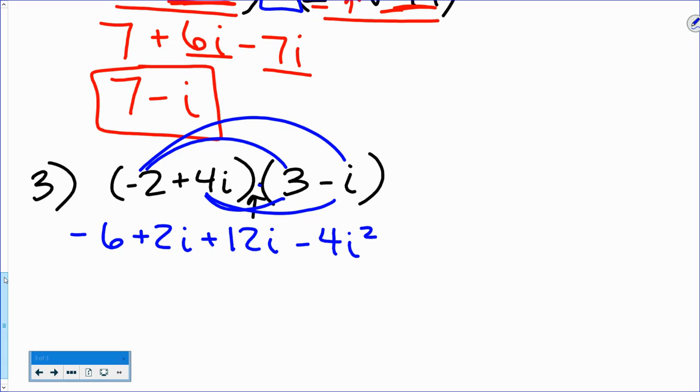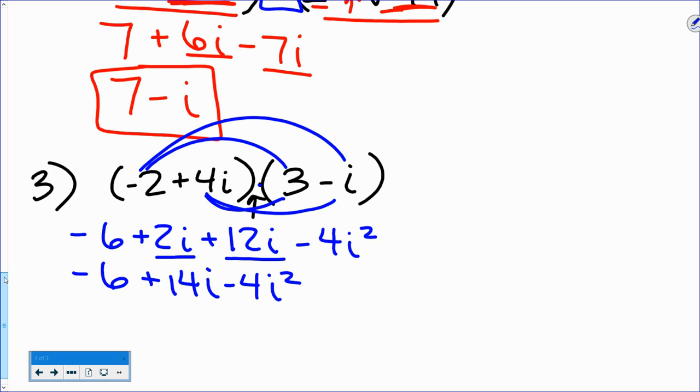So not any more difficult than when we've distributed things before. It's really kind of like i is just a variable in a sense. So I'll combine my like terms again. So 2i plus 12i would make 14i. And then I've got that minus 4i squared.